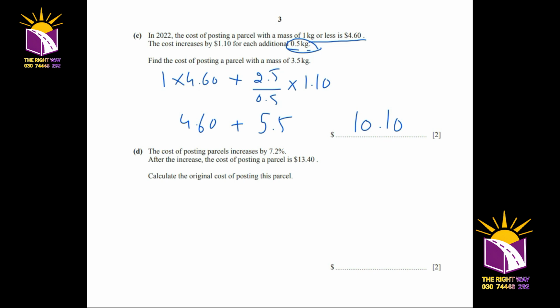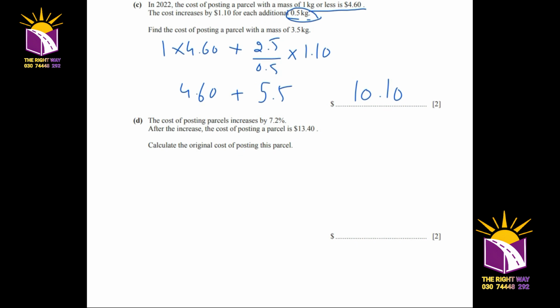The cost of posting a parcel increased by 7.2%. After the increase, the cost of posting the parcel is $13.40. Calculate the original cost. Now it is increased by 7.2% and it becomes 13.40. So 7.2% increase means 107.2%, and it will be equal to 13.40, and before that it will be 100% and the amount will be x.